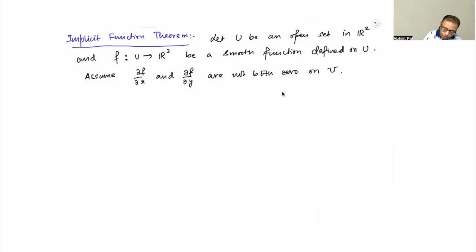So now, if f(x0, y0) is equal to 0 for some (x0, y0) in U.